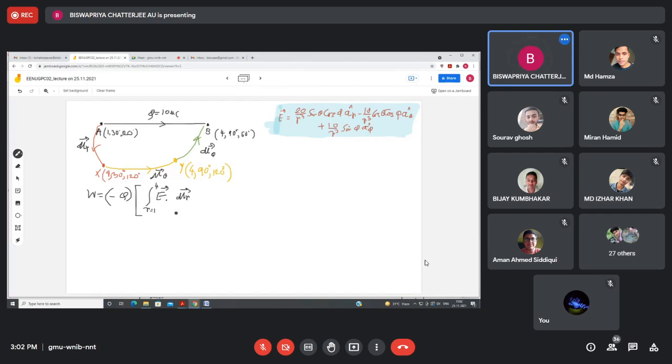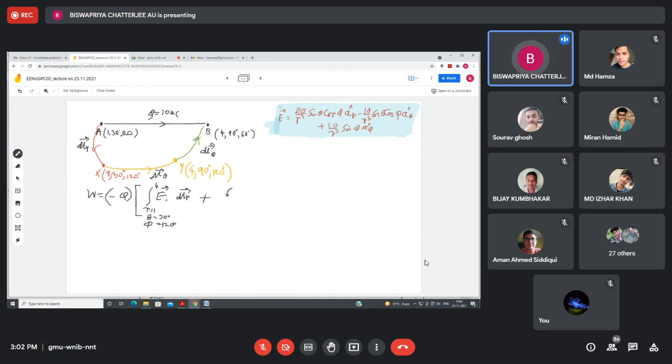When you do this integration you should keep theta constant at 30 degree, and phi constant at 120 degree.